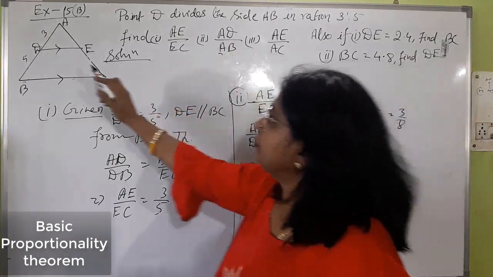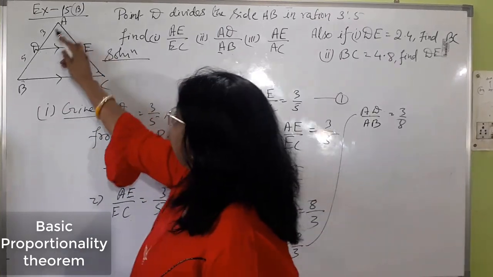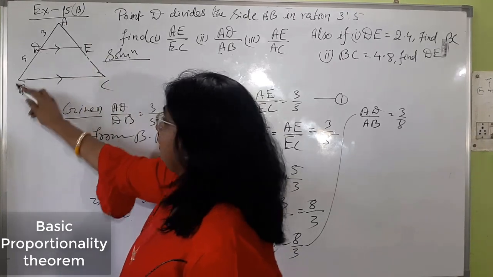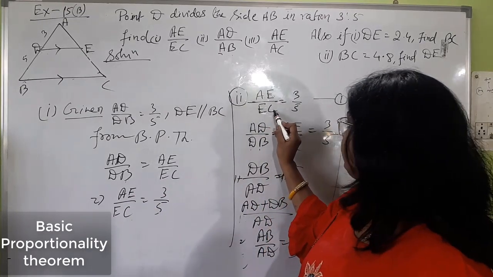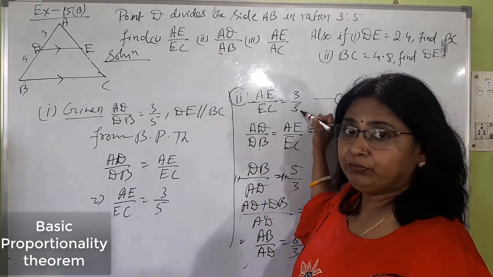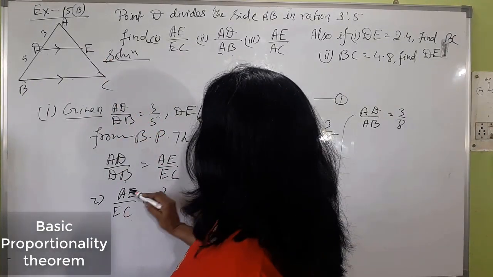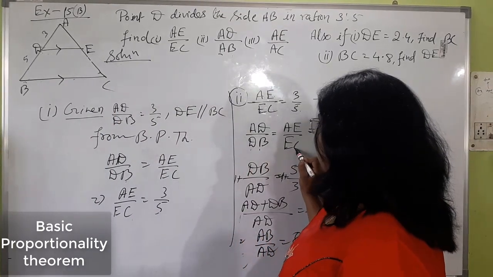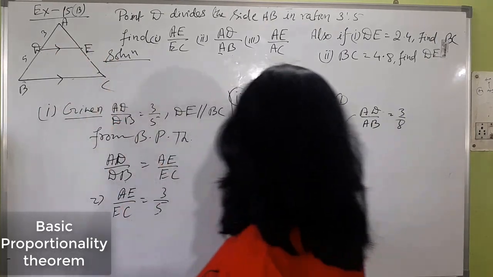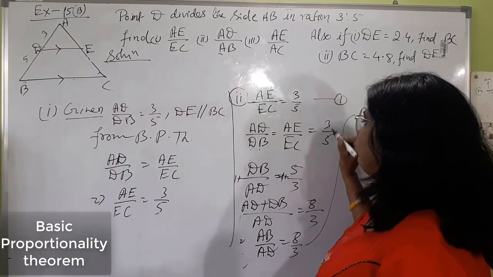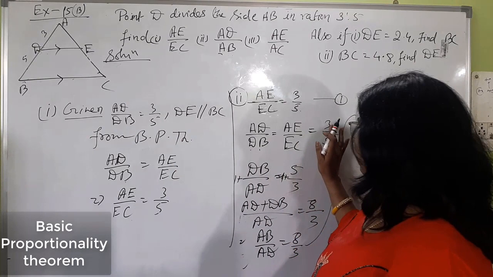Now second number, you have to find out AD by AB. Now from the first we got AE by EC is equal to 3 by 5. And AE by EC is equal to AD by DB, and it is given as 3 by 5 because both triangles are similar, which I have already proved. So 3 by 5.